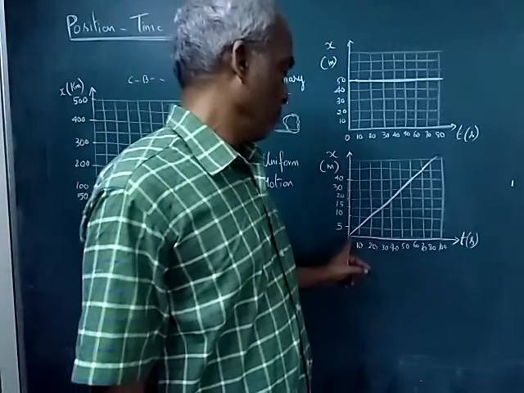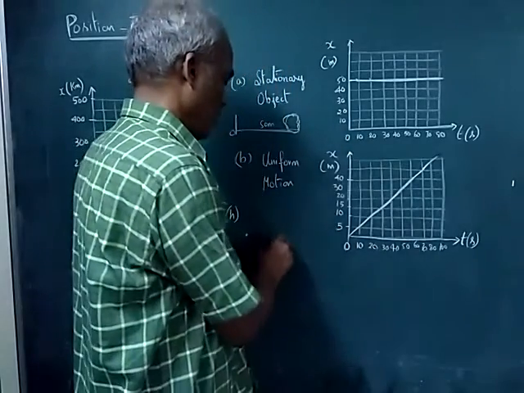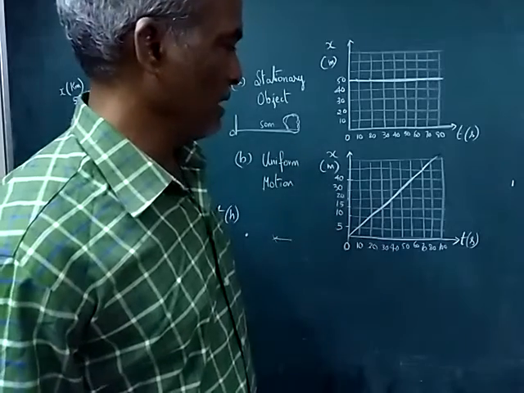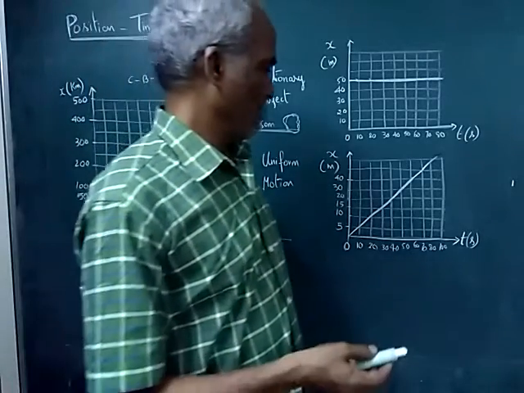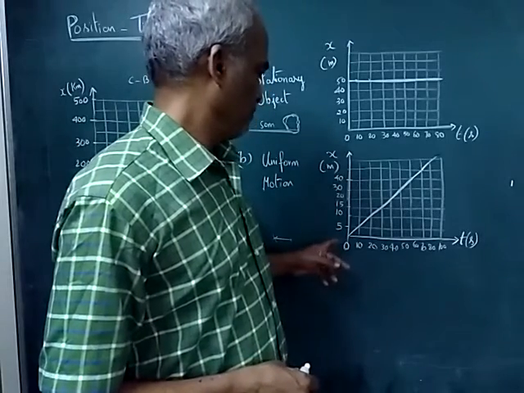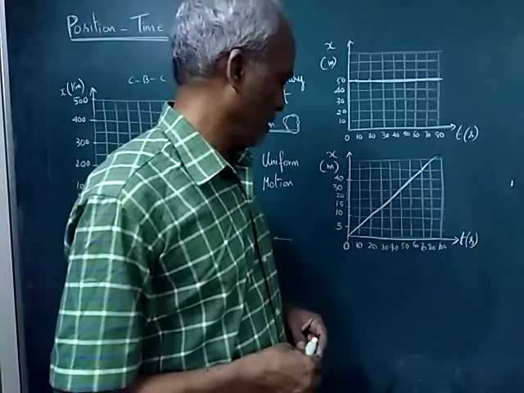At 0 seconds it starts. Maybe you can consider a bike, cycle, anything, or walking. Assume this distance is comparable only with walking speed.